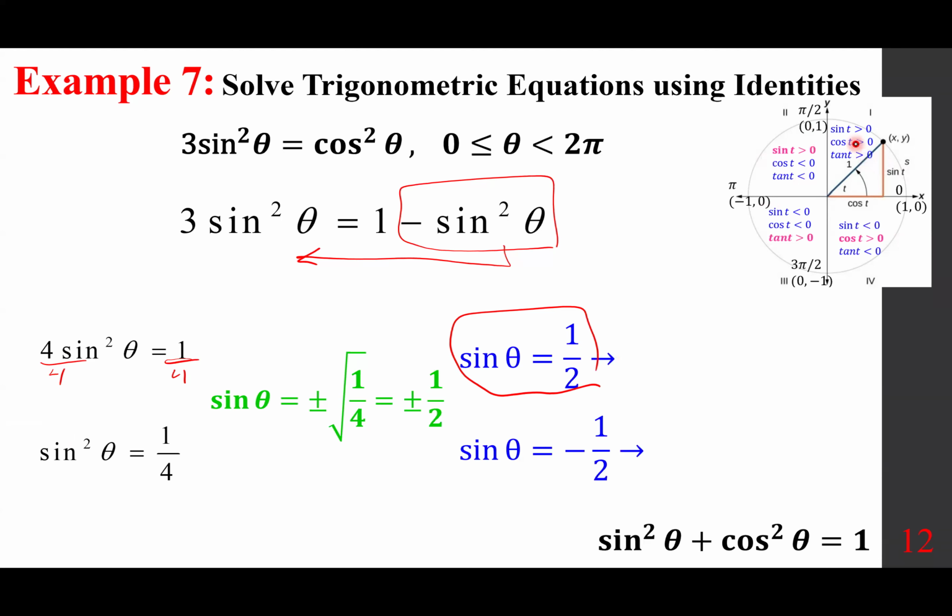So pi over 6 in the first quadrant, and pi minus pi over 6, that means 5 pi over 6, in the second quadrant. Negative 1/2, we've already discussed that same reference arc. In this case, pi plus pi over 6. In this case, 2 pi minus pi over 6. So those are the four answers.